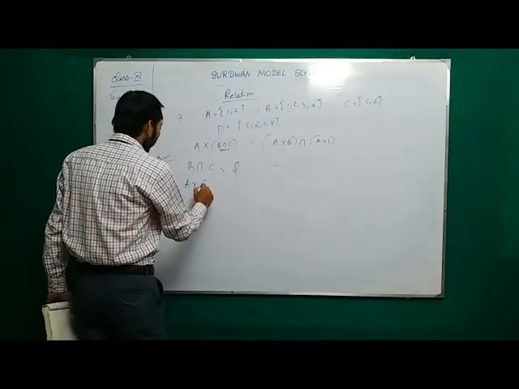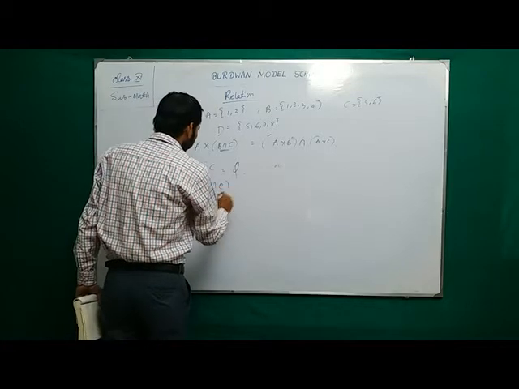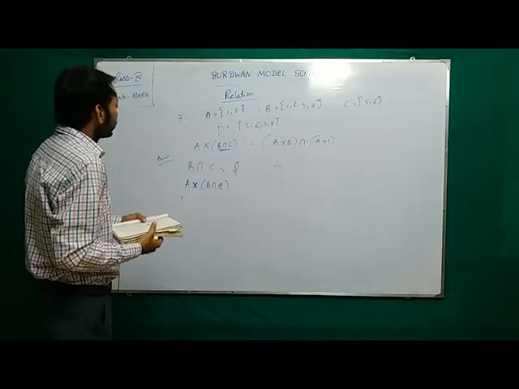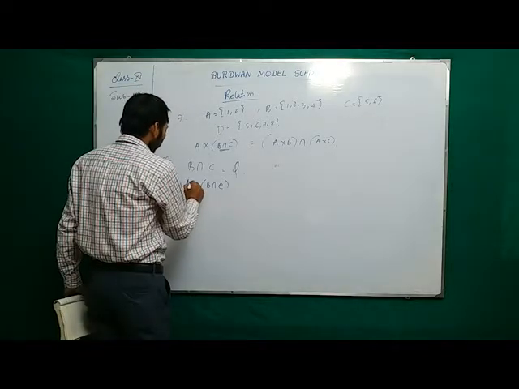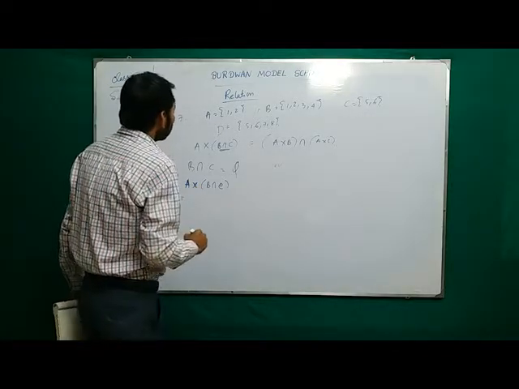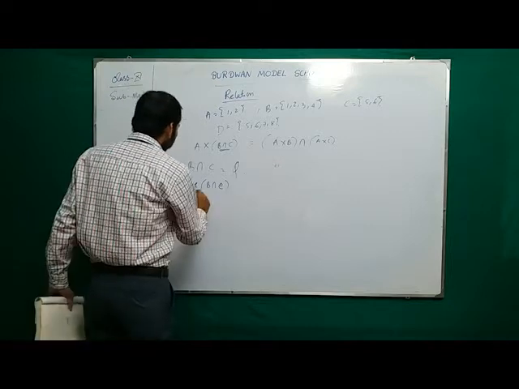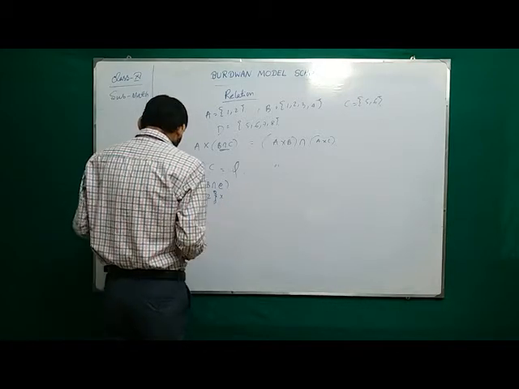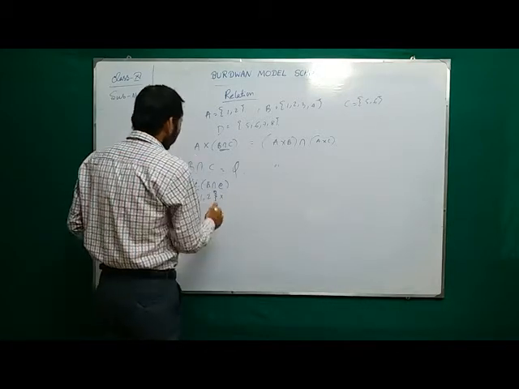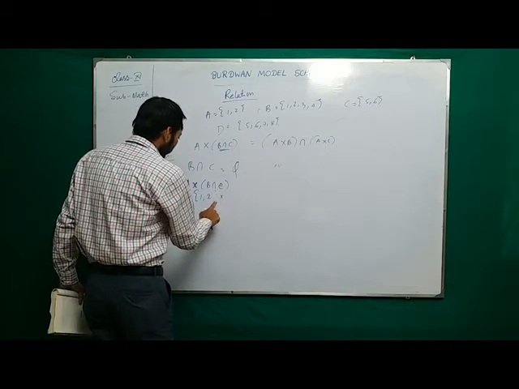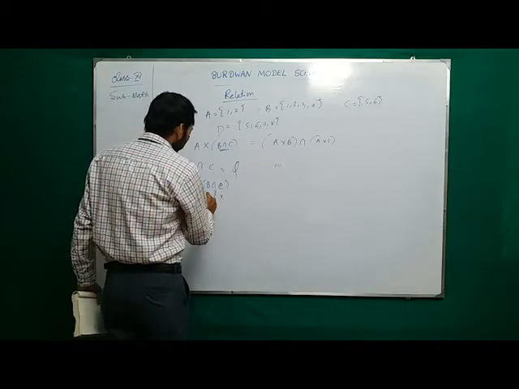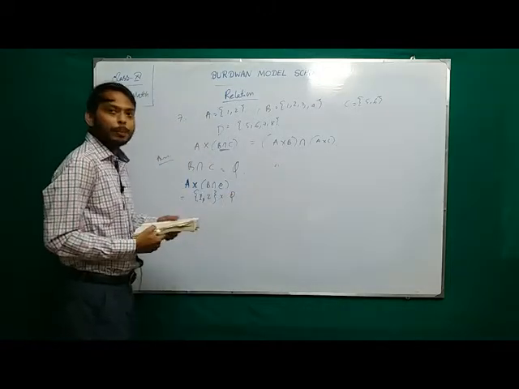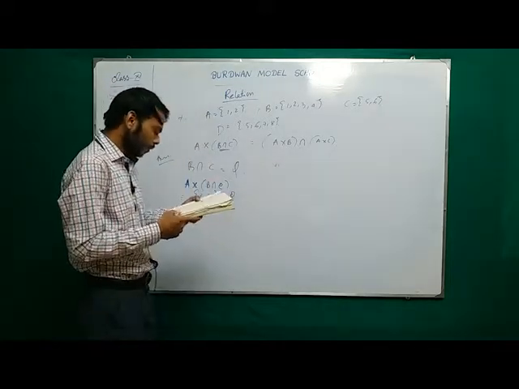Now A cross (B intersection C). Here A contains 1, 2, and you can see B intersection C equals to phi.